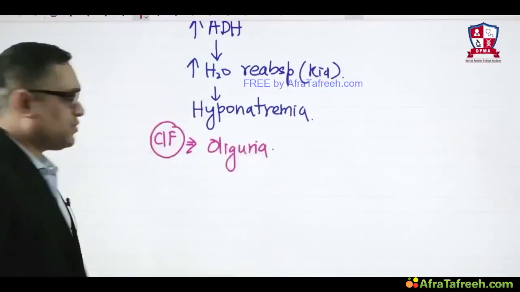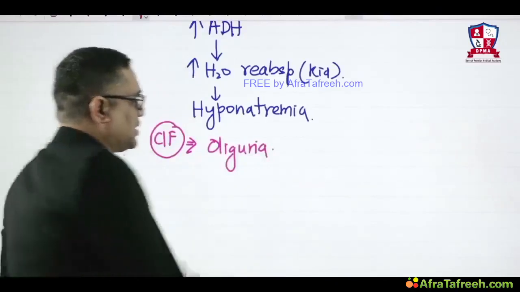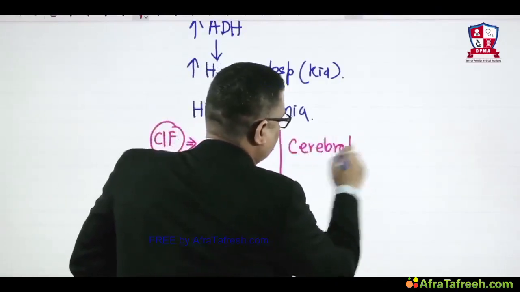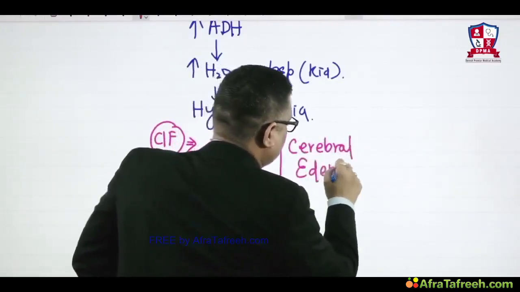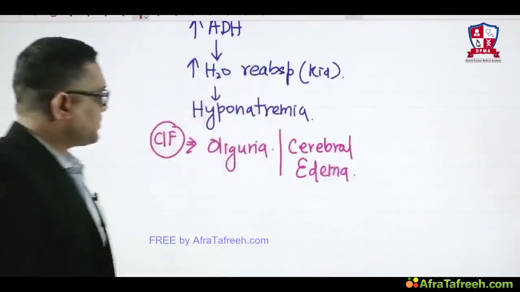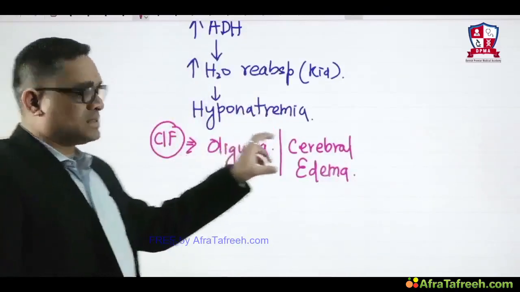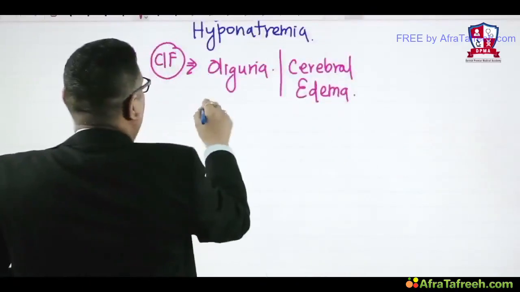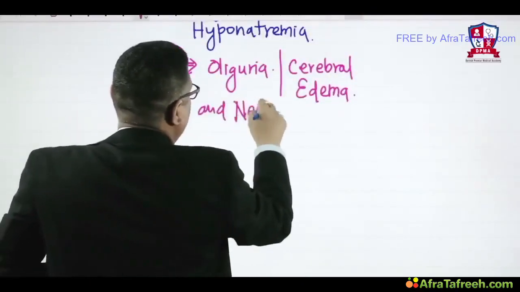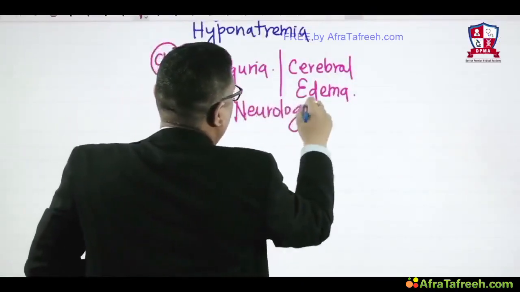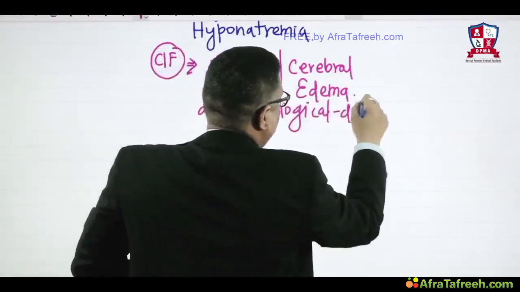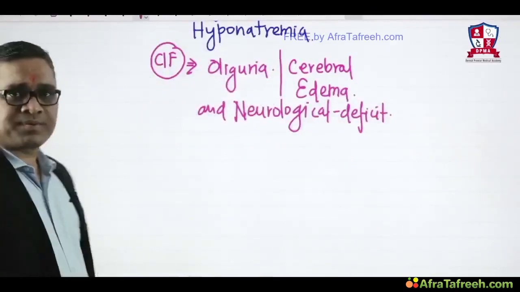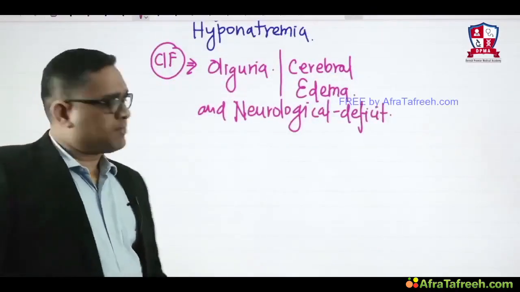So less amount of urine coming. There will be cerebral edema. So oliguria, cerebral edema, and neurological deficit. These are the things which we are going to see in case of syndrome of inappropriate ADH secretion.